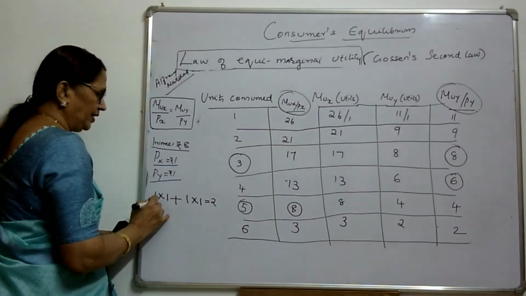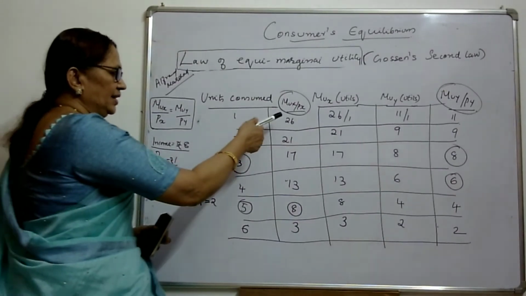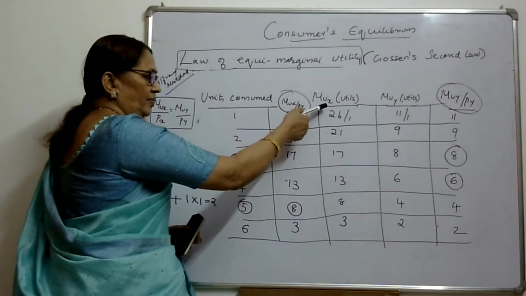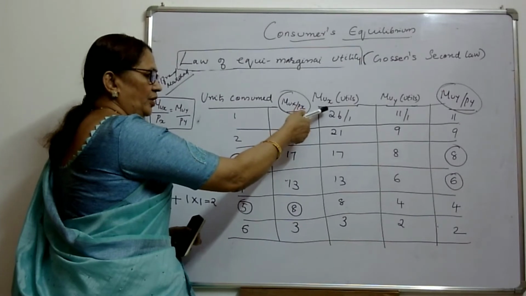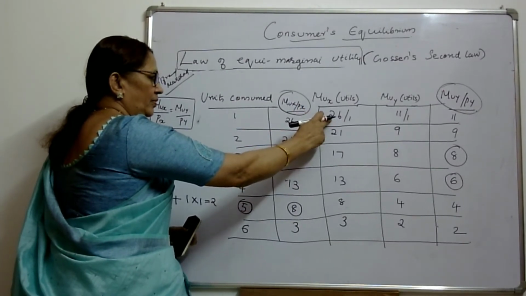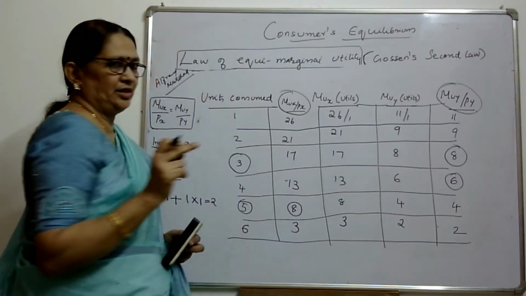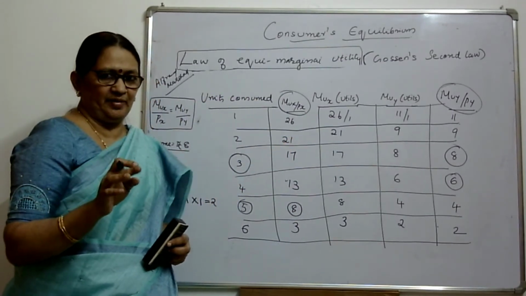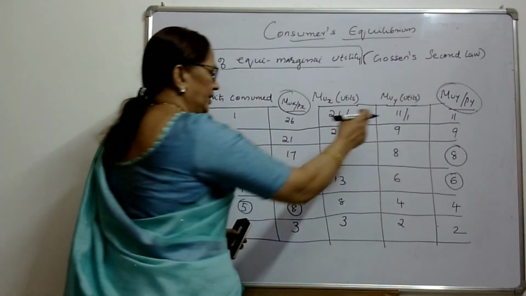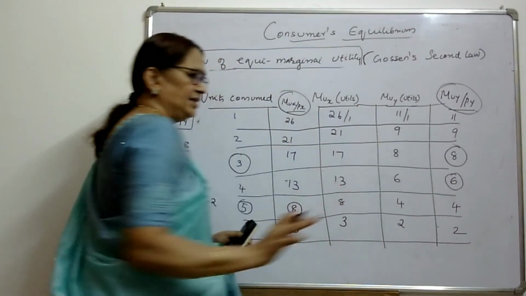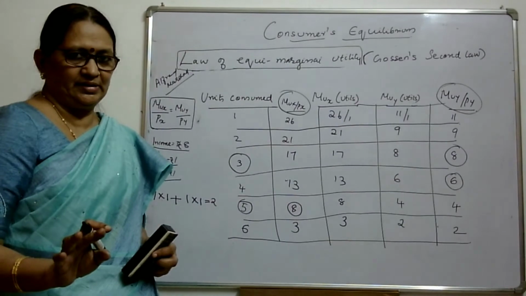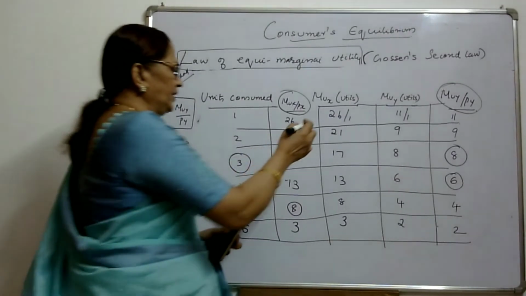But one thing you have to keep in mind: see the satisfaction derived by the consumer by consuming commodity X. For the first unit, by spending 1 rupee, he is getting 26 utils of satisfaction. What about commodity Y? He is getting only 11 utils. So which commodity will he prefer more?